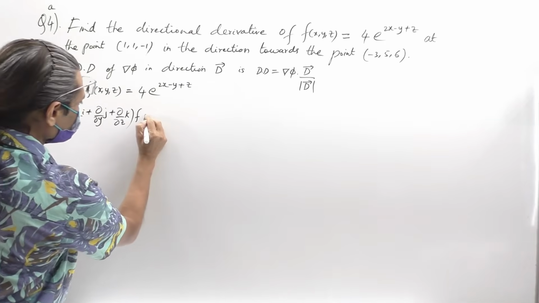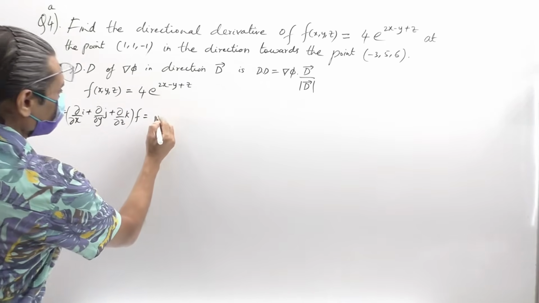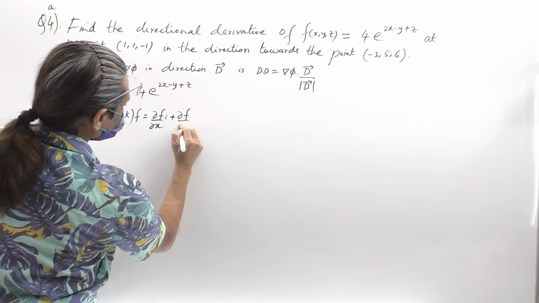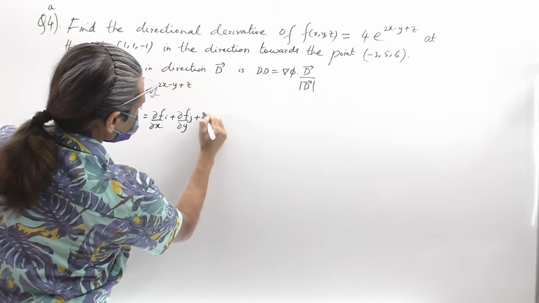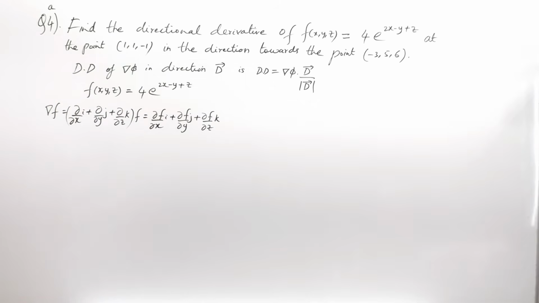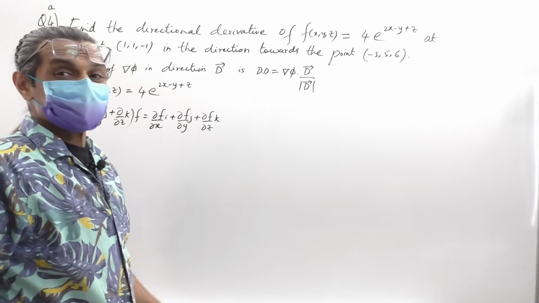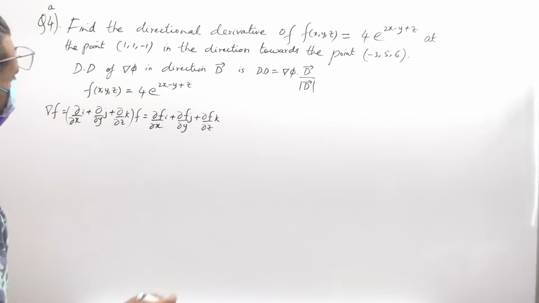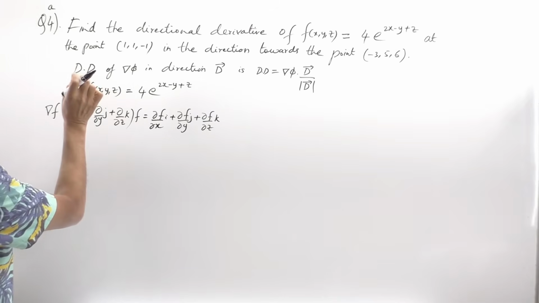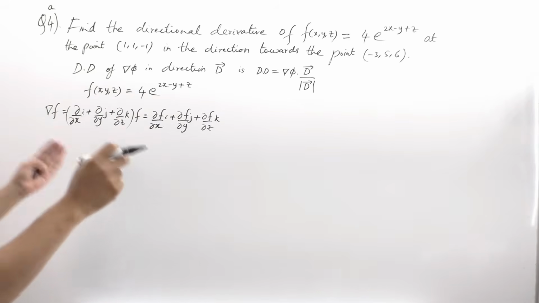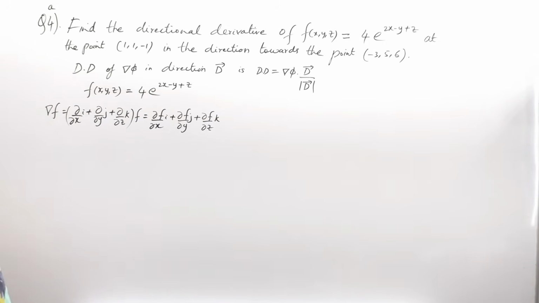If I take f inside, this will be dou f by dou x of i plus dou f by dou y of j plus dou f by dou z of k, where dou f by dou x, dou f by dou y and dou f by dou z are the partial derivatives of f with respect to x, y and z. Here the function, that is the surface f, is partially differentiated with respect to x, y and z and i, j, k applied to it. That's why I do the del f, the gradient.